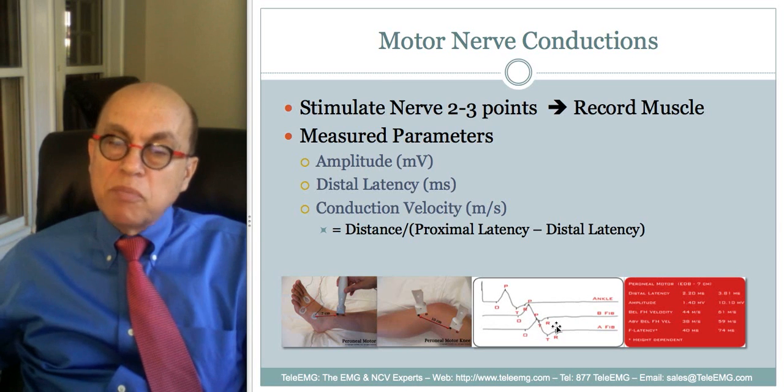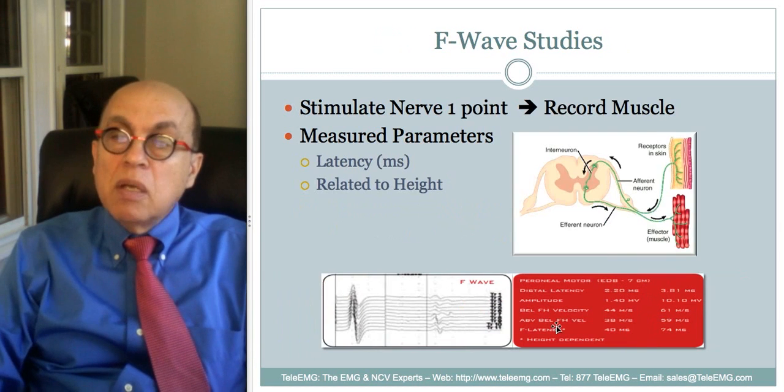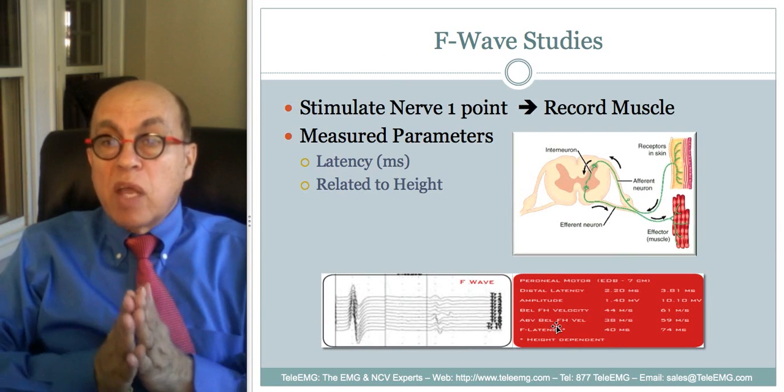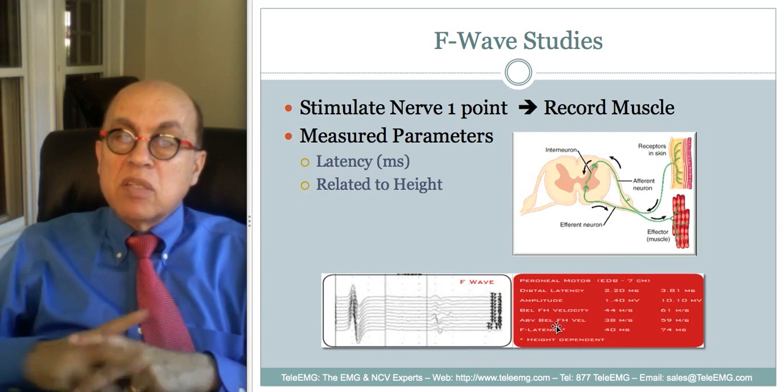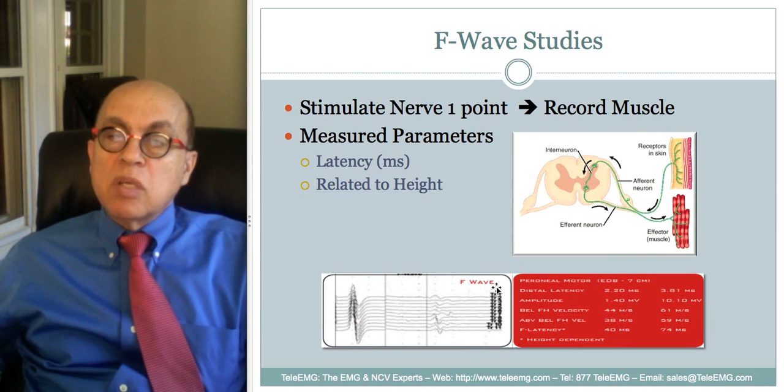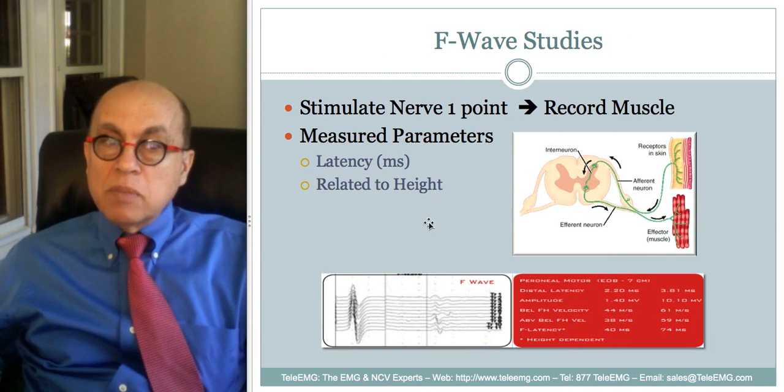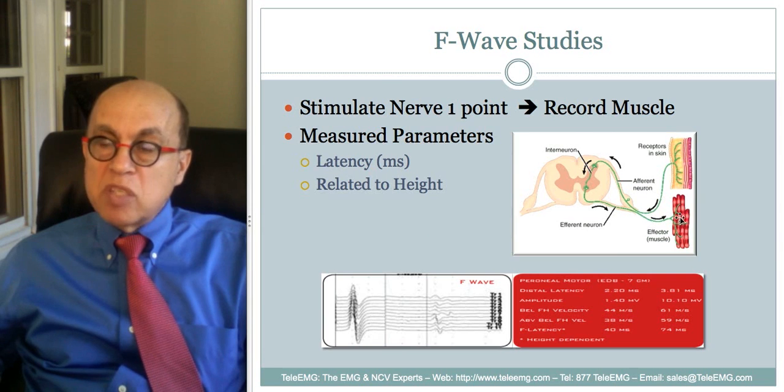and another conduction velocity between this point and that point. And then for the motor conductions, we do the F wave for the peroneal nerve, and the F wave is done with the stimulation at the ankle as well, and we measure the latency. So we're stimulating here, you're getting a motor response, which is an M wave here, and you have another electrical stimulus pulse that goes up to the spinal cord and comes back and gives you a small response here, the F wave.